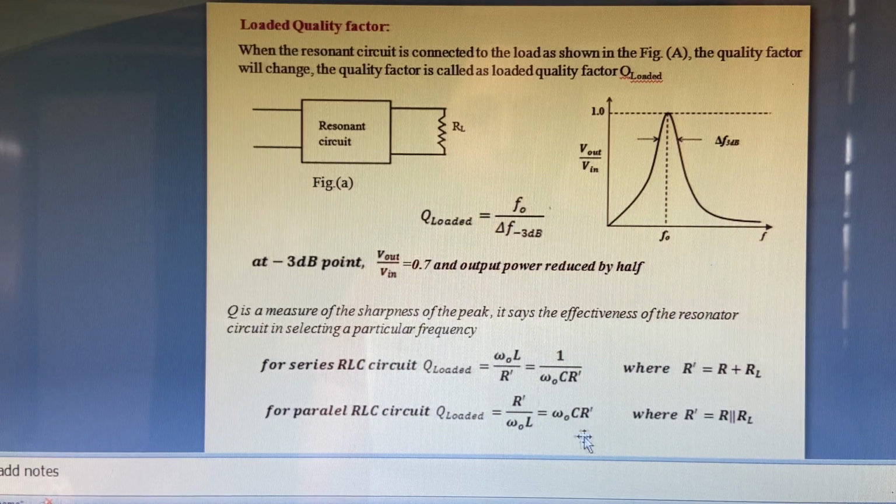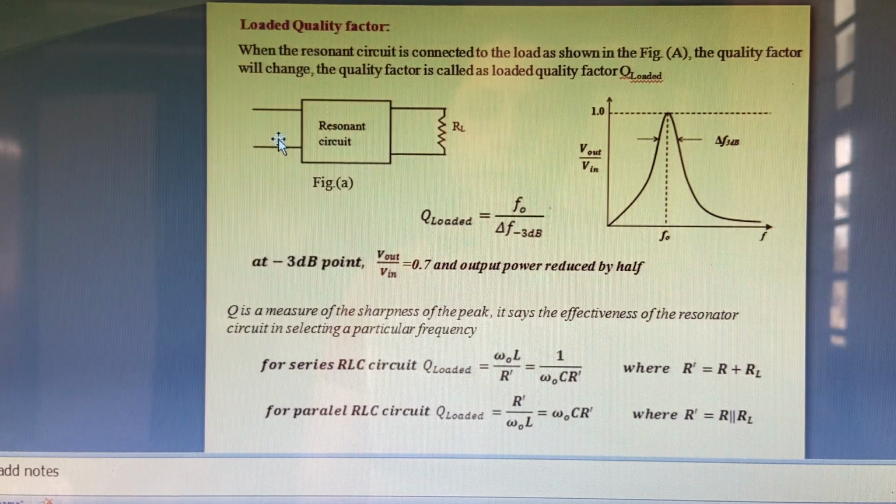R dash is given by R in parallel with RL. This R is the resonator circuit resistance, RL is the load resistance. So the load resistance and resonator circuit are in parallel while calculating the quality factor of this loaded resonator. So the load resistance affects the quality factor of the overall circuit.